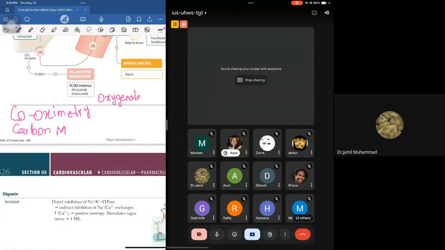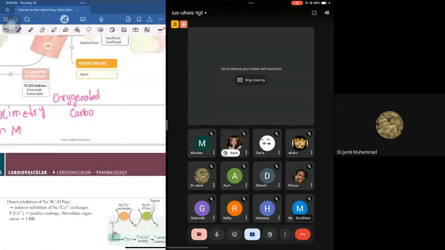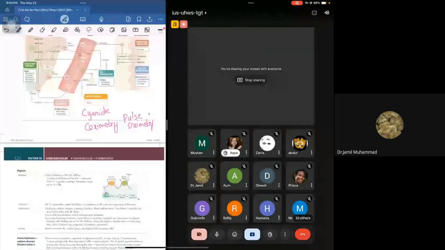So now the oxygenated hemoglobin is low, and the carboxyhemoglobin, which is formed by carbon monoxide, is going to be high. So that is how we differentiate. In carbon monoxide poisoning, the pulse oximeter is going to be normal, whereas the carboxyhemoglobin in the co-oximeter is going to be abnormal.